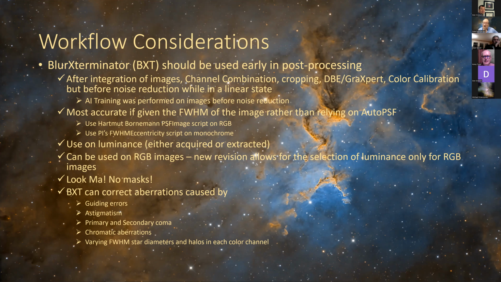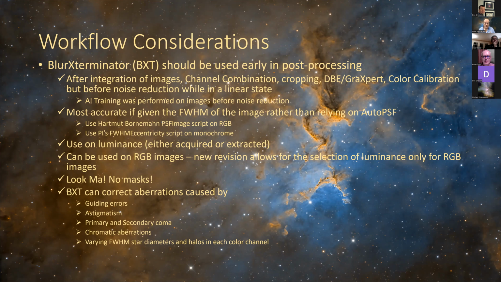I've started using that in my workflow. I think it actually does a better job than DBE. Color calibration, all that should be done before you do any kind of noise reduction and while in a linear state. The reason for that is when Russ built his AI training, it was performed on images before noise reduction.